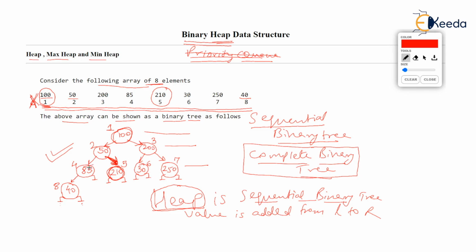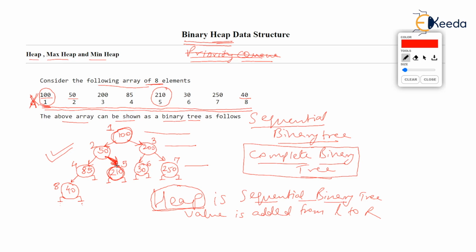Let's try again. Suppose we are talking about node number 5, that is 210. You are asked who is the parent of this node. To find the parent of node number 5, simply compute 5 divided by 2. We are talking about integer arithmetic, so 5 divided by 2 is not 2.5, it is 2. So the parent of node number 5 is node 2. Indeed, node 2 is right, because 210 is the right child of 50.